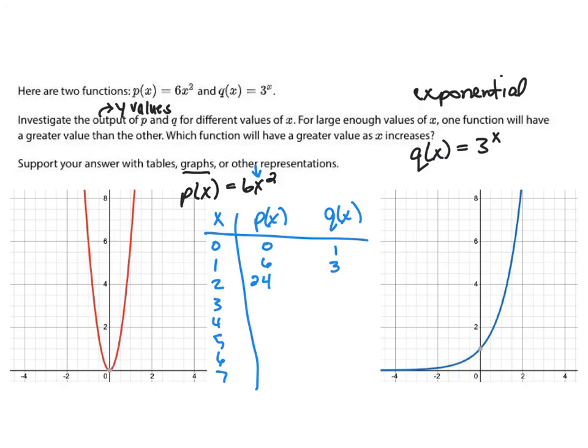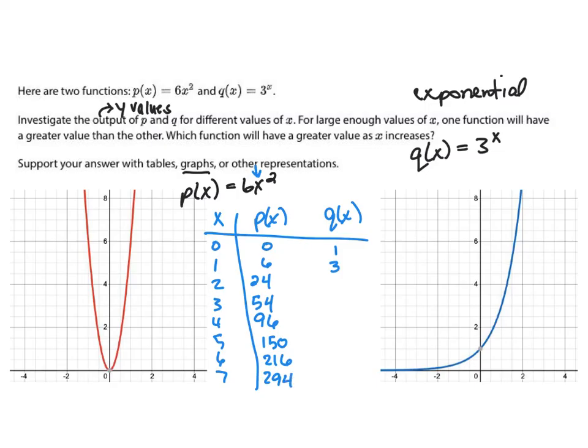Let's stick with p of x. 3 squared is 9 times 6 is 54. 4 squared is 16 times 6 is 96. 5 squared is 25 times 6 is 150. 6 squared is 36, times 6 is 216. 49 times 6, so 7 squared is 49, times 6 is 294.